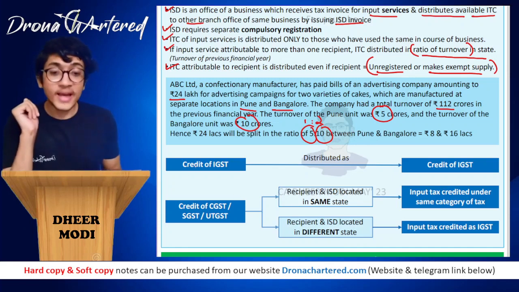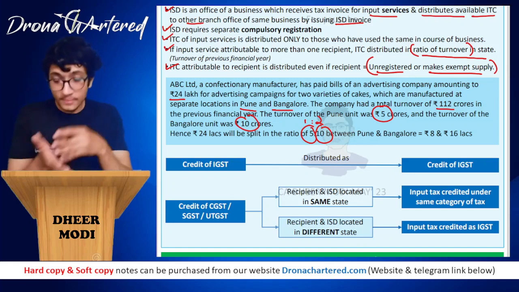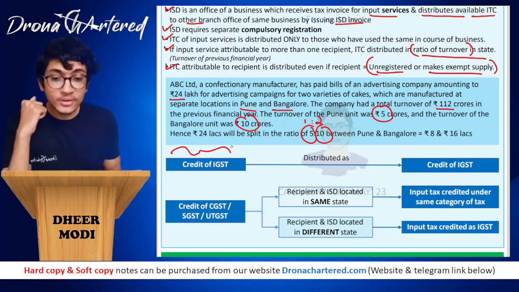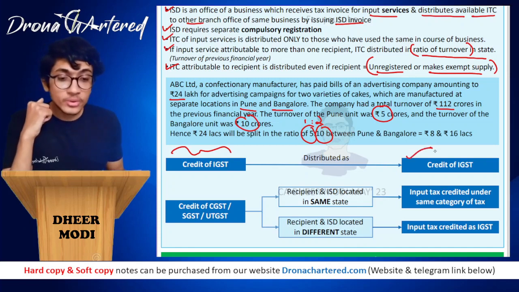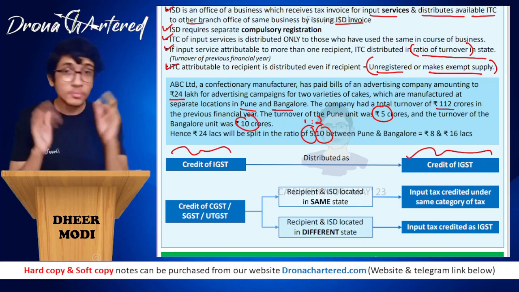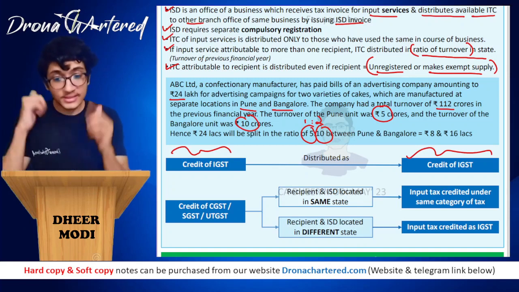Now, when the ISD, the input service distributor, gets credit of IGST, that will be distributed as credit of IGST itself. For example, in this case, it will be distributed to Pune and Bangalore as IGST only.